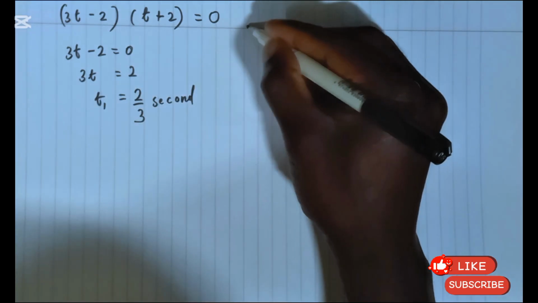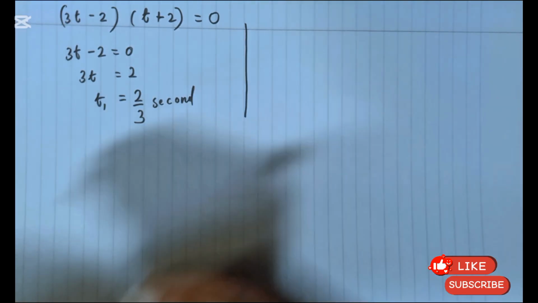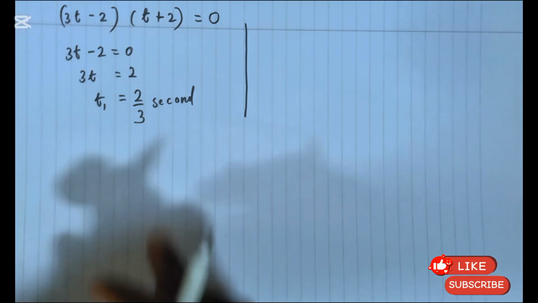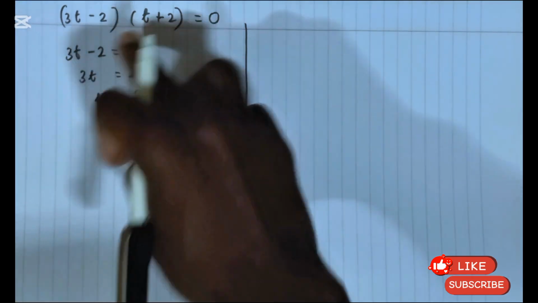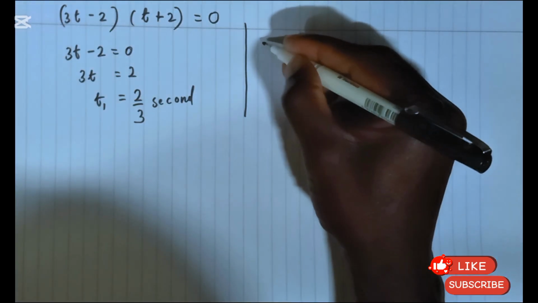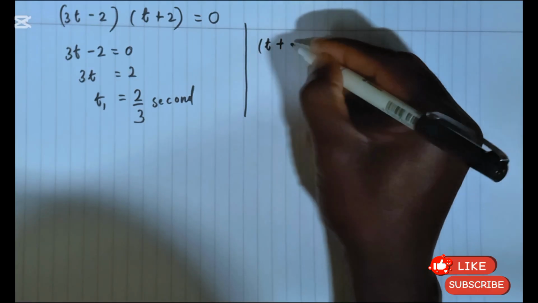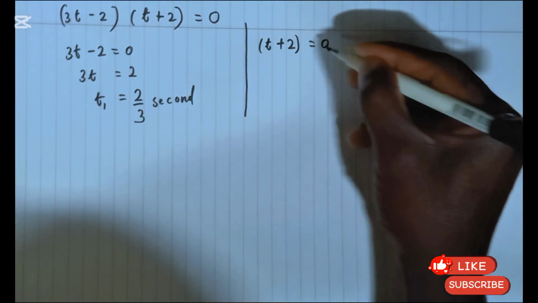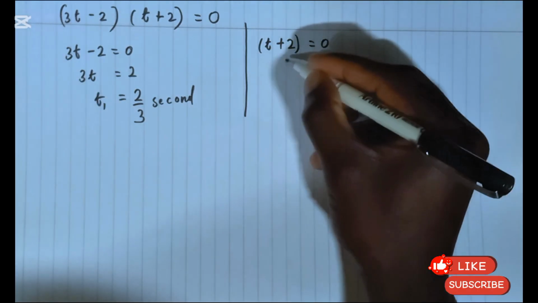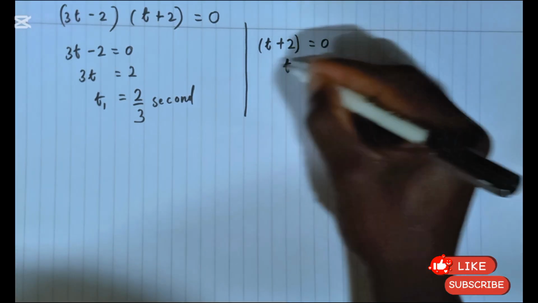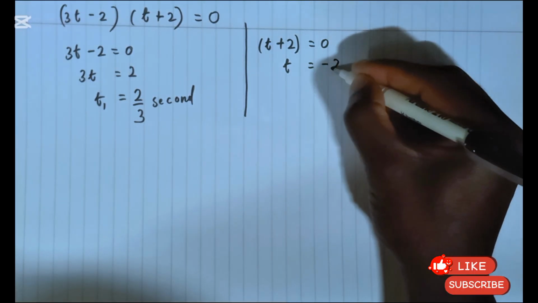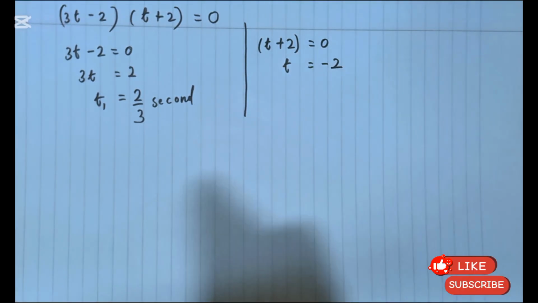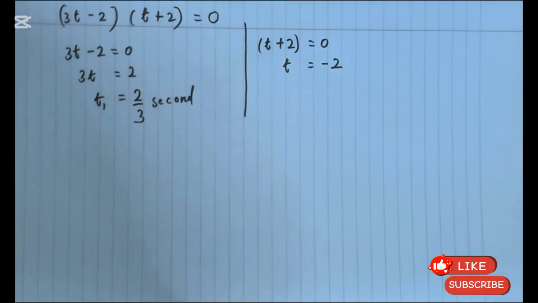And for t2, we're going to equate the other bracket to 0. That is t plus 2 equals 0, so t equals -2 seconds.